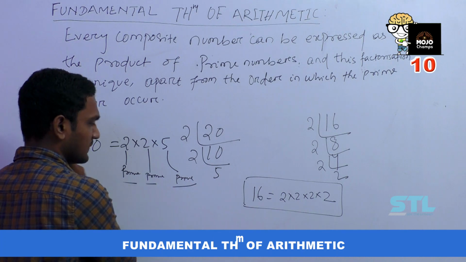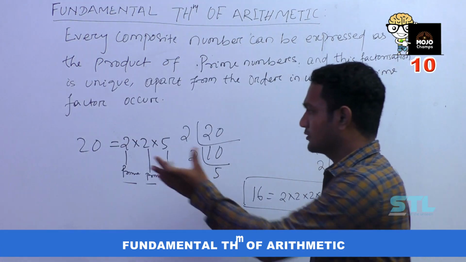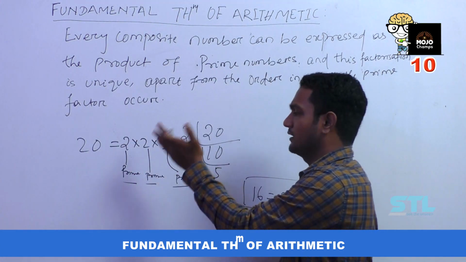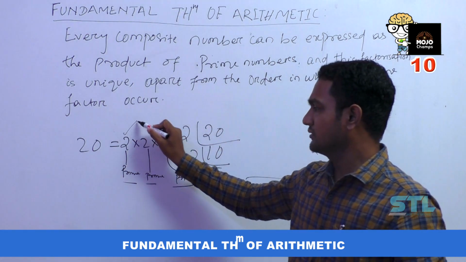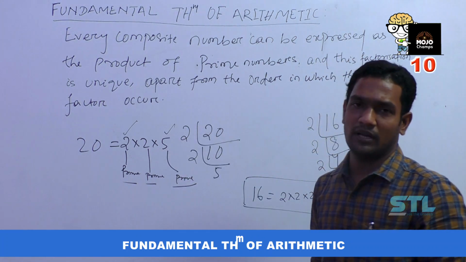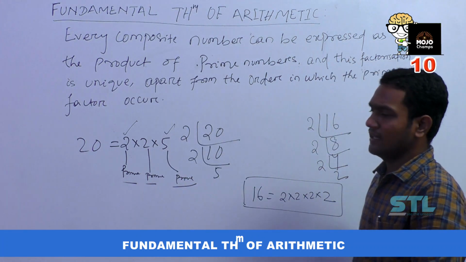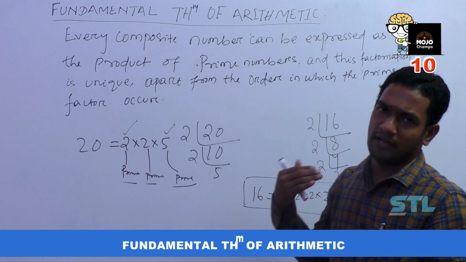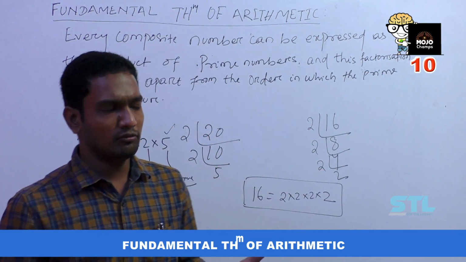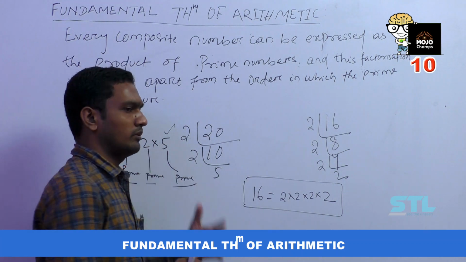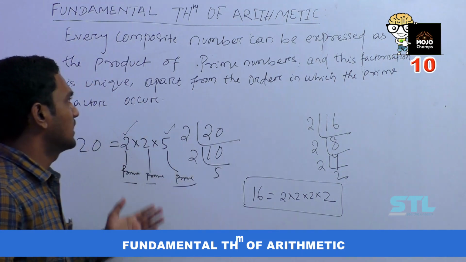So I could express 20 as a product of 3 prime factors. Now all of you are clear that if you take any composite number and factorize it, its factors will come in prime numbers, and when we multiply them, the number comes back. So now we are clear about this.